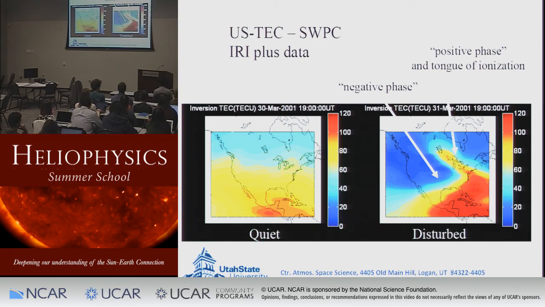The density throughout mid-latitudes decreases slightly after the main storm, and this is called the negative phase. But from a GPS point of view, this difference isn't just a few percent. It's kind of going from what was 60 or 70 down to tens of TEC units. The GPS corrections, in fact, during this time, many of the airline systems, the Wide Area Augmentation System, failed for half a day or so.